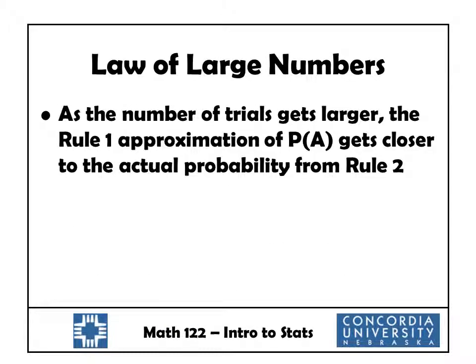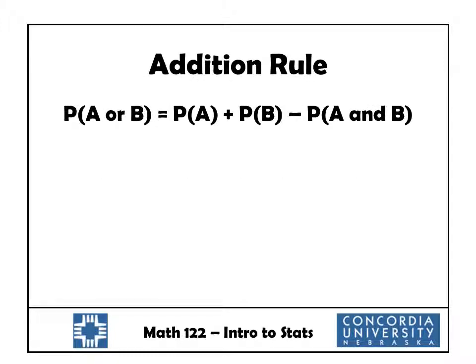Then a law that related these two ideas was called the law of large numbers, which says that as the number of trials gets larger, the Rule 1 approximation gets closer to the actual probability from Rule 2. So in other words, this is kind of a fancy way of saying that the more trials you do, the better your approximation is going to get. So then we had a couple of rules for calculating probabilities of more complex situations.